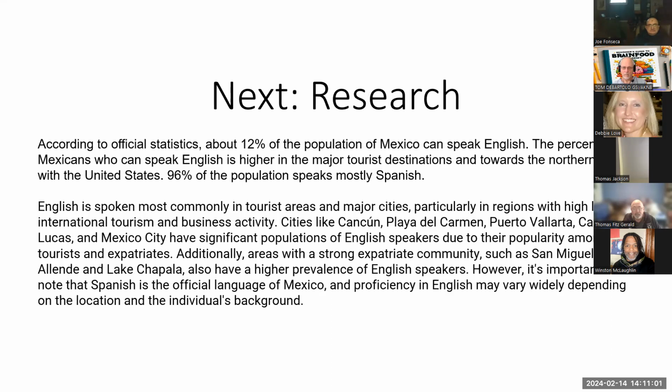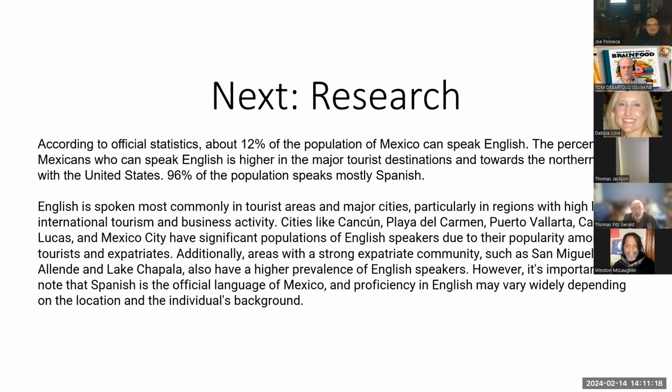Cities like Cancun, Playa del Carmen, Puerto Vallarta, Cabo San Lucas, and Mexico City have significant populations of English speakers due to their popularity among tourists and expatriates.